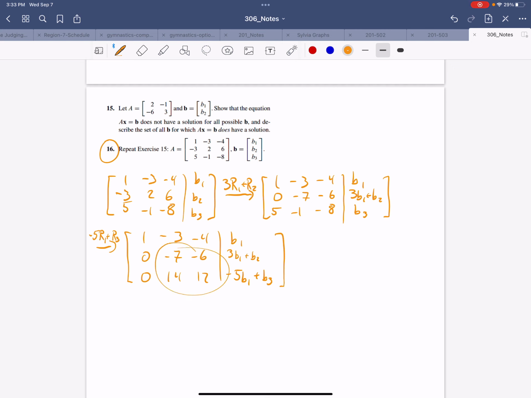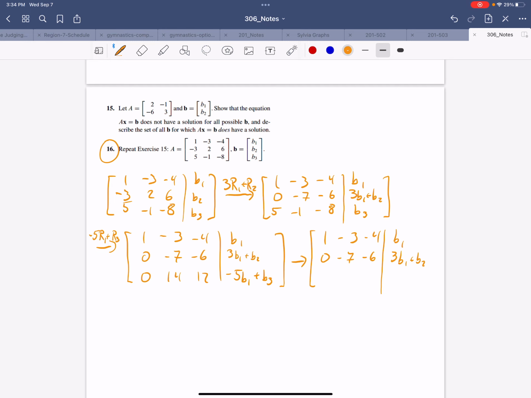Now notice, that's pretty nice. We can just turn that into a bunch of zeros. So what we're going to do over here, I think I can squeeze it into this matrix. 1, negative 3, negative 4, b1; 0, negative 7, negative 6, 3b1 plus b2.